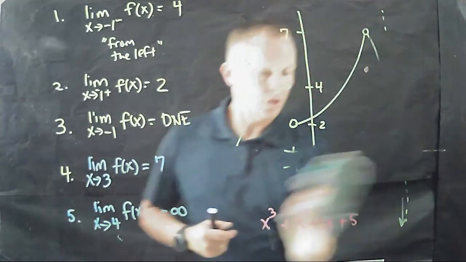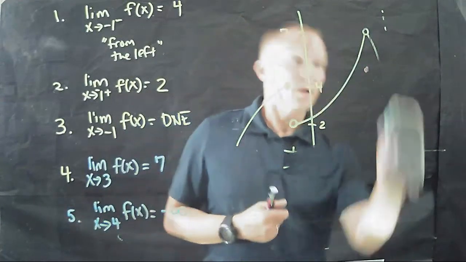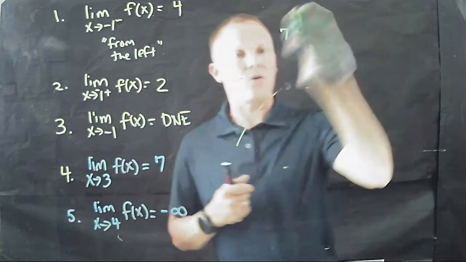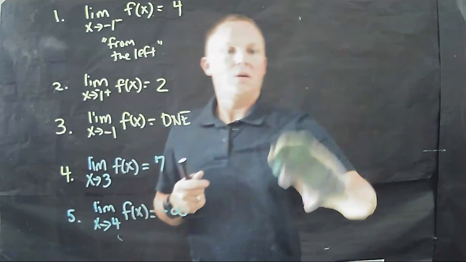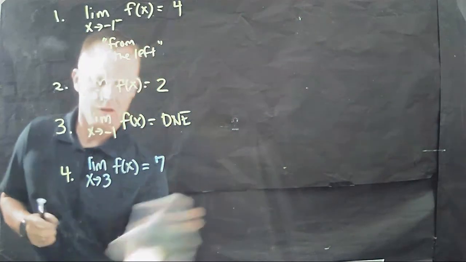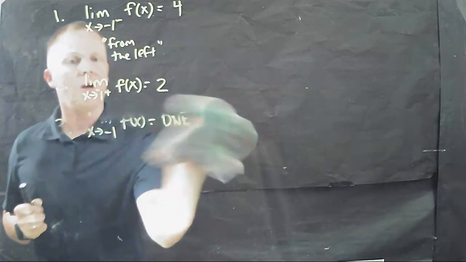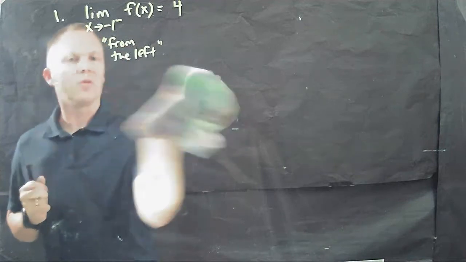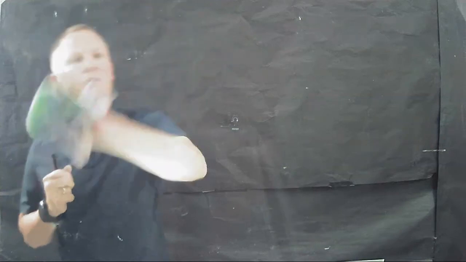Let's do another one. This is going to be not a graphical one, but one from a table, and we're going to use some technology, some Desmos. So hopefully you can access the Desmos tab on your Chromebook.